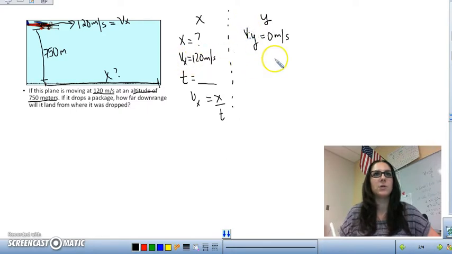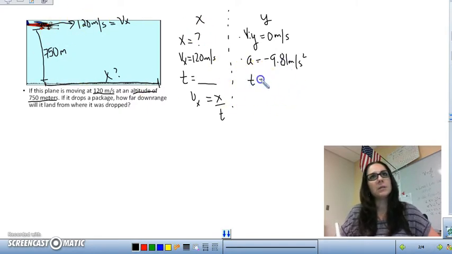It's staying horizontal. We have acceleration. This is not given in the problem. Remember, acceleration is assumed when you have stuff that's moving in the air with no propulsion. We don't know what t is. Maybe we could find that out. But we do have delta y.